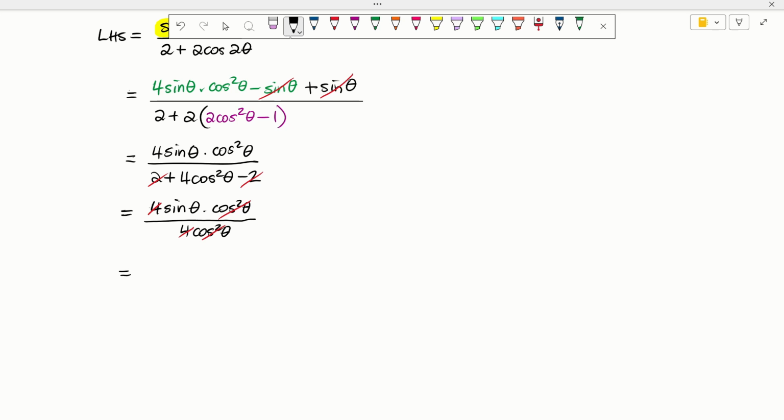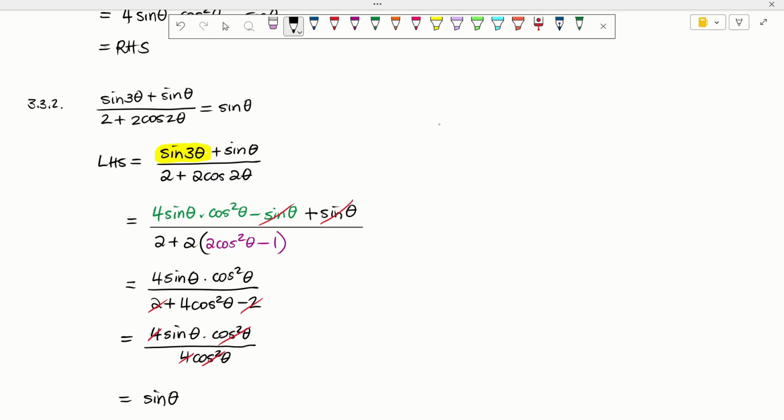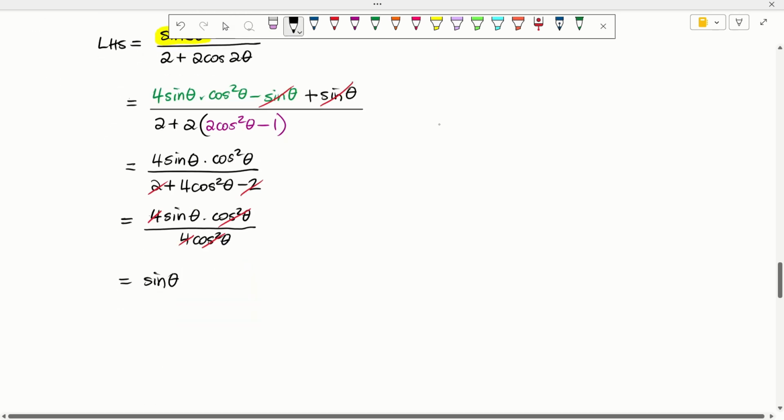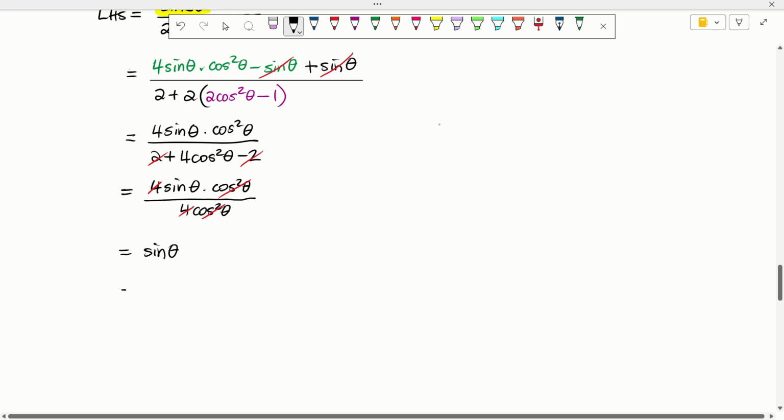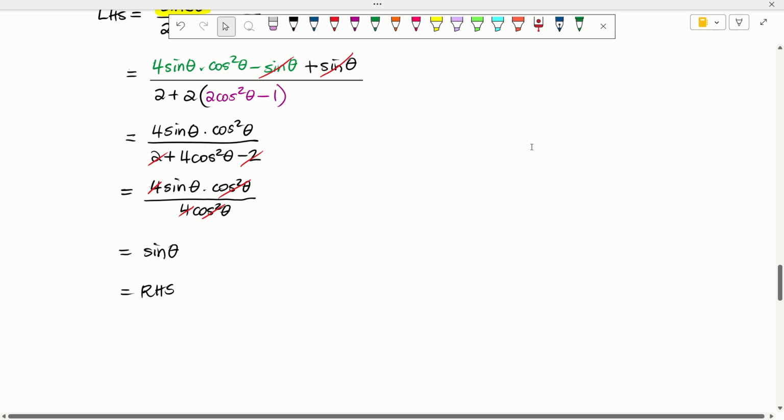This is all equal to sine theta, and basically I just proved the identity. It should be equal to sine theta, and I can conclude by saying this is equal to the right hand side. There we go. Very nice.